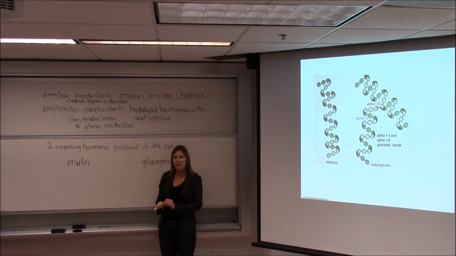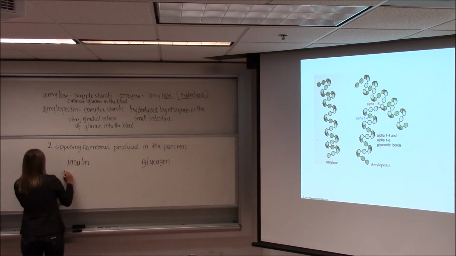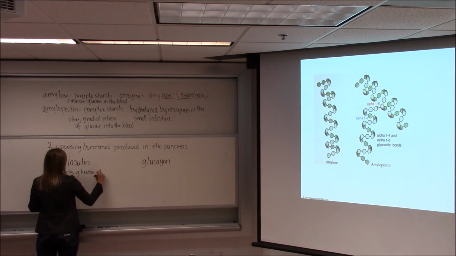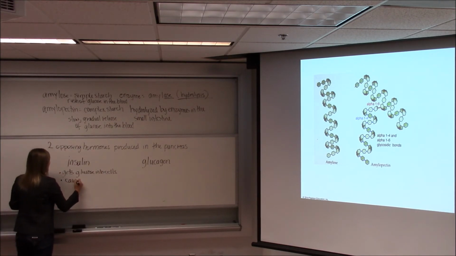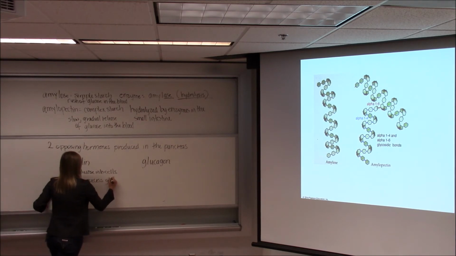Insulin has two very important roles in regulating blood sugar. It gets glucose into the cell, and it causes excess glucose to be stored as glycogen.